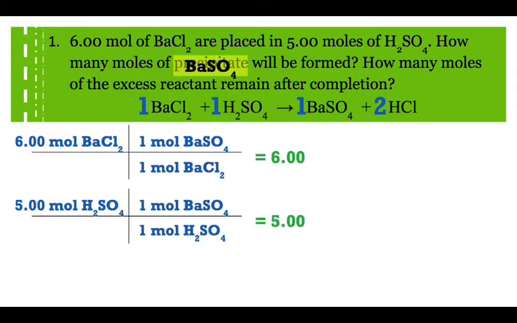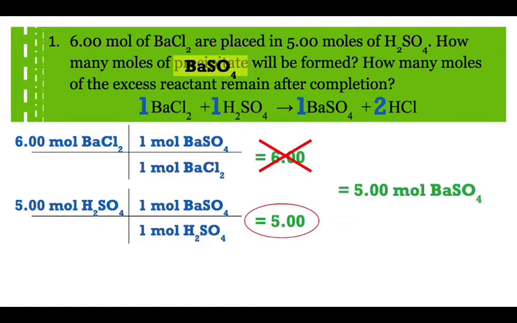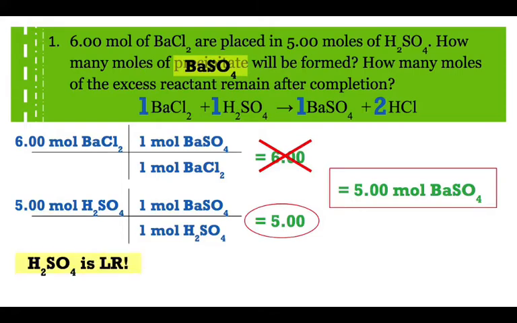So from those 5 moles of sulfuric acid, I could make 5 moles of barium sulfate. I have 2 answers. Which one is my real one? My real final answer is always the smaller one. So 5 moles of barium sulfate would be formed from that reaction. That's our answer. And if we follow that back, H2SO4 is the reactant that gave us that answer. So that is our limiting reactant.